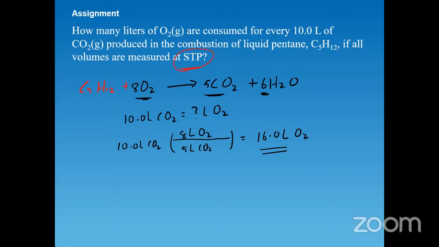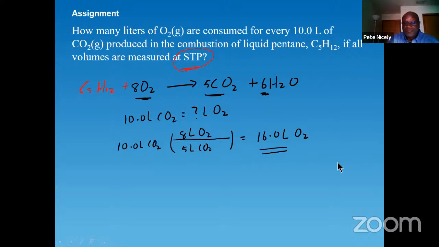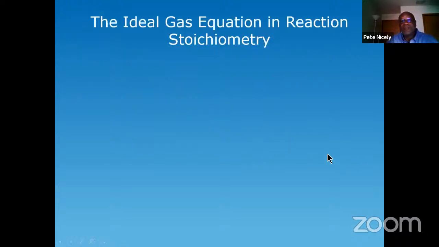So let me see here. Okay, so the next thing we need to talk about is using the ideal gas equation in gas stoichiometry, because what you'll find is that when it comes to gas stoichiometric problems, it is not as easy as the one that we just looked at.